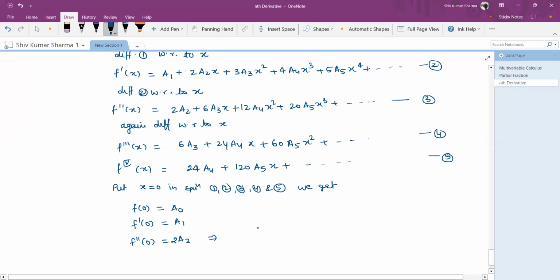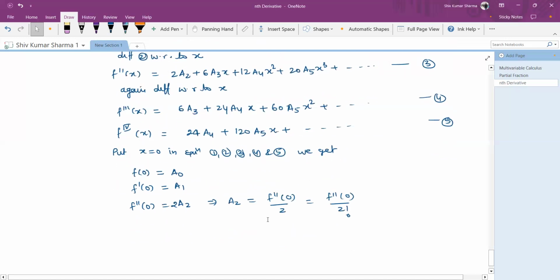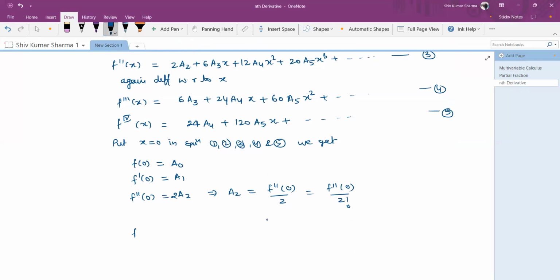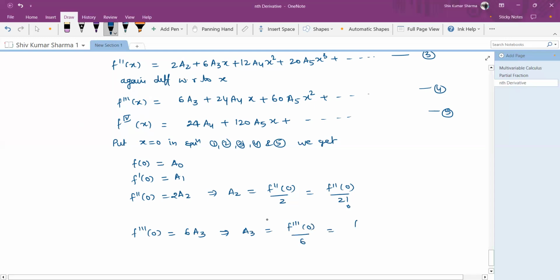From equation number 3, f''(0) is equal to 2a2. So we can write the value of a2: a2 is equal to f''(0) upon 2, and this 2 can be written as factorial 2. From equation 4, we see that f'''(0) is equal to 6a3, because each other term has x, so it will be 0. So a3 is equal to f'''(0) upon 6, and this 6 can be written as factorial 3.